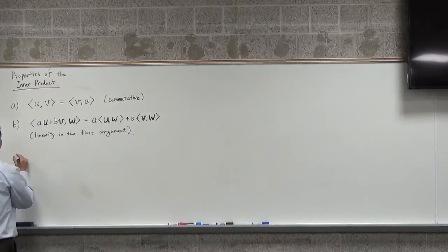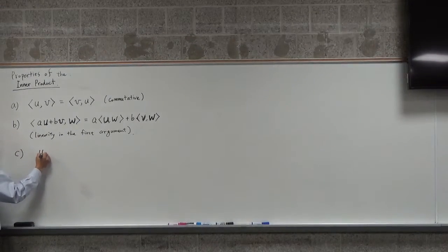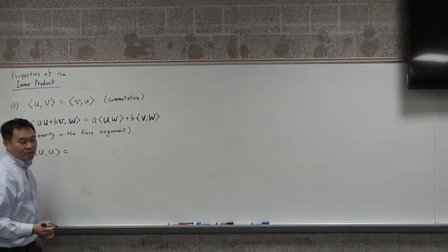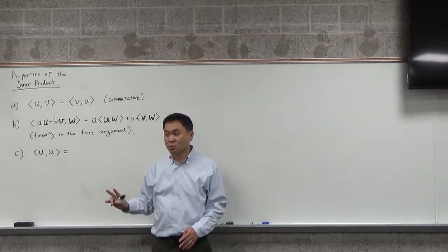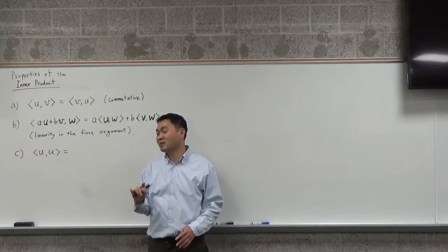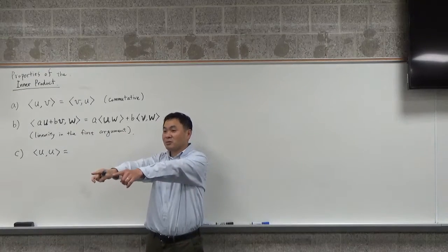Another important fact is that if you have any vector u and do the dot product with itself, we know that that's going to be the norm of u times the cosine of the angle between u and u. What's the angle between the vector and itself? 0.